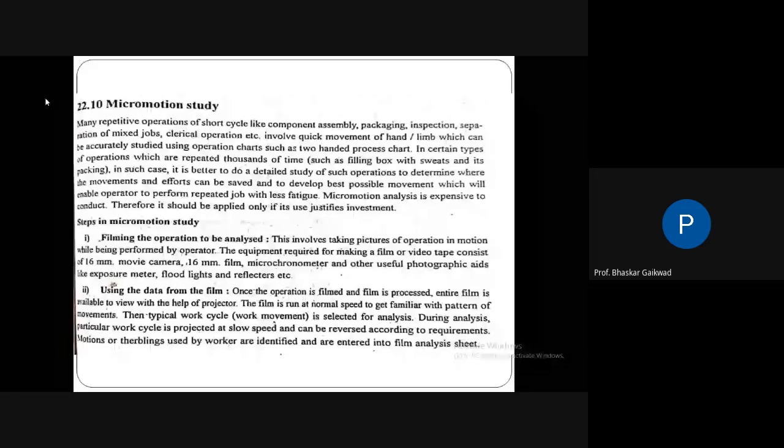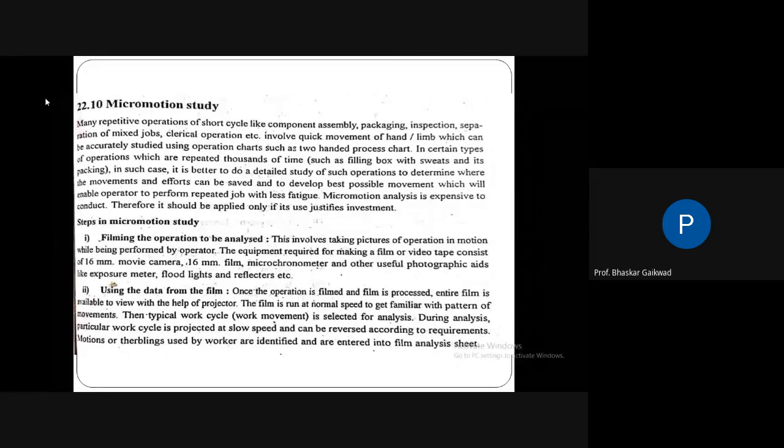So here some concepts are given. Many repetitive operations of short cycle, like component assembly. Suppose you are making the assembly of cylinders and liners. What activities are there which are repetitive?